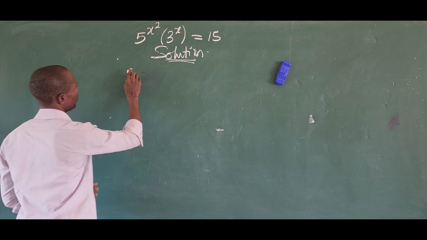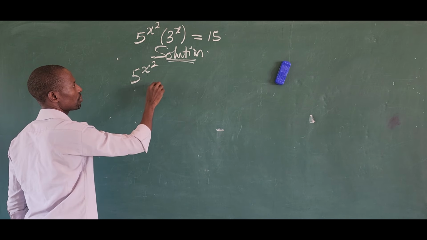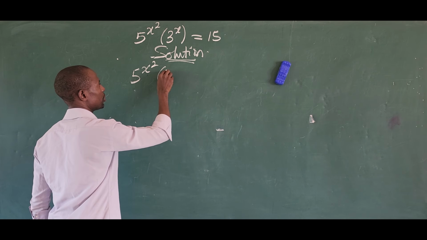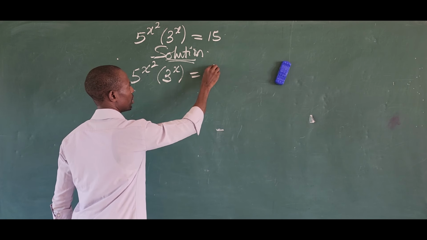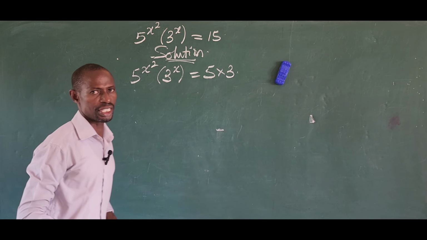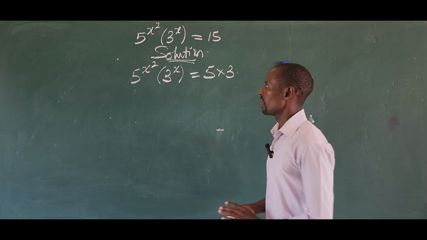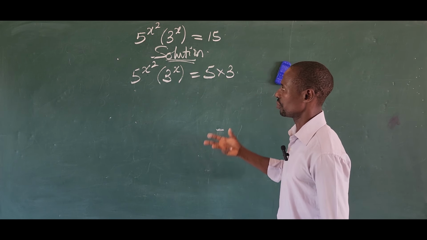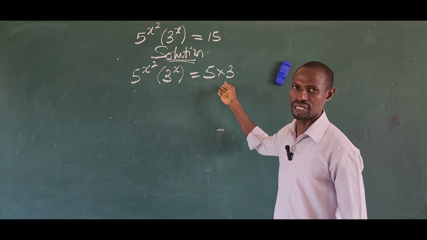Here we have our 5 to the power of x, further raised to the power of 2, in bracket, times our 3 to the power of x, close bracket. This is equal to our 5 times 3. This is simple, right? Good. So what is the next thing we do here? We want to make the right-hand side 0.